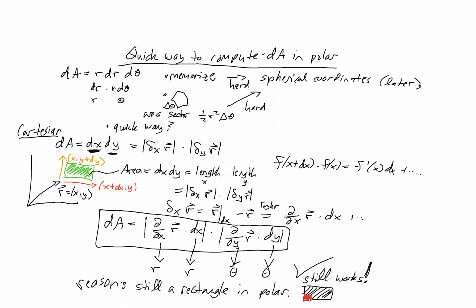There's a right angle between these increments. The reason is that if we look at the position vector and increase the radius, it goes in the radial direction. And now if we increase the angle, then at least near the origin, this is in a perpendicular direction. So we have our right angle, so we can make a good rectangle.